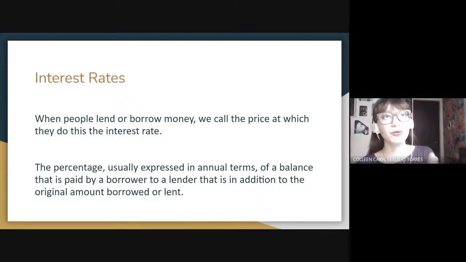So as mentioned, it's important to get a loan in order to get what you want, whether to travel abroad, or you buy a car, or a person buys a house or a condo.